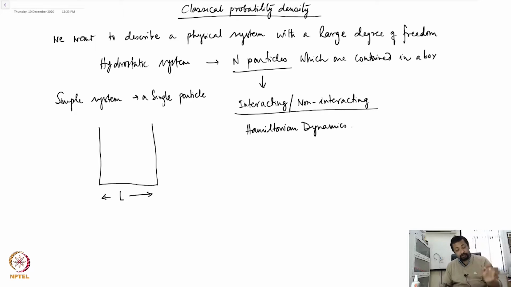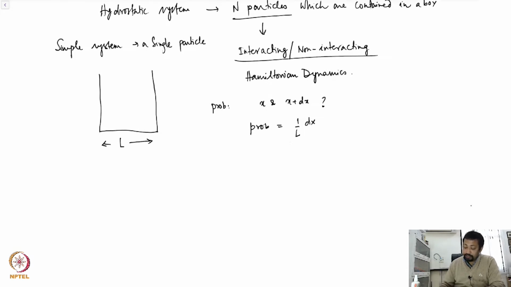Now clearly, if I now ask you the question that what is the probability of finding the particle between x and x plus dx, the answer is, since the particle doesn't have any interaction present, that probability is 1 by L dx. So that you can immediately read off that the probability density is given by 1 by L.